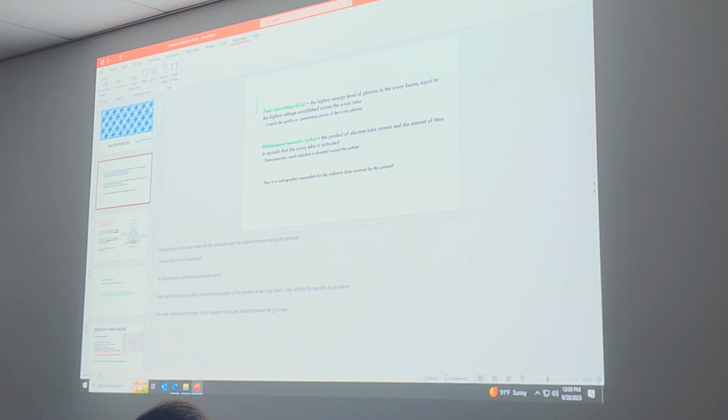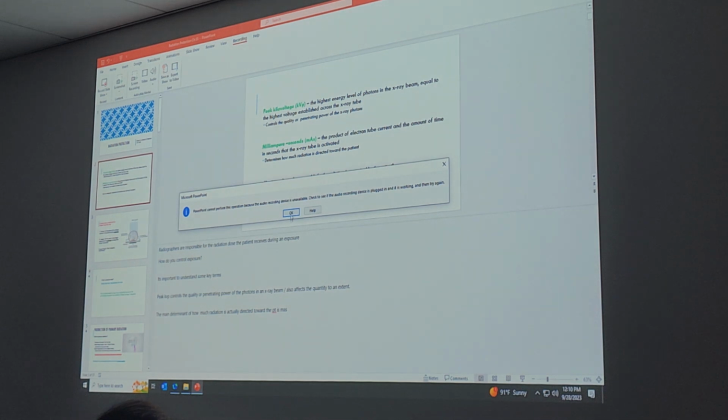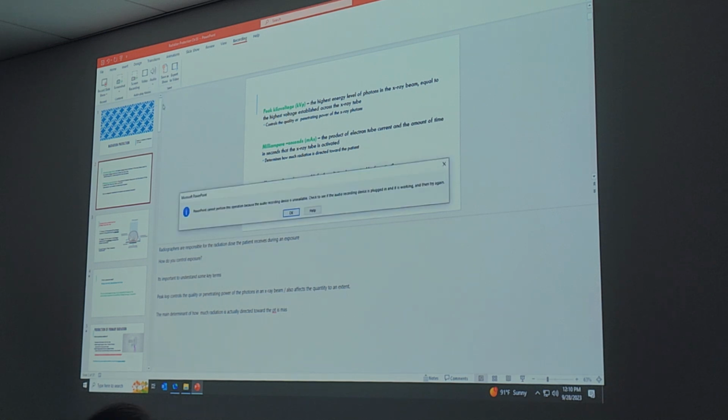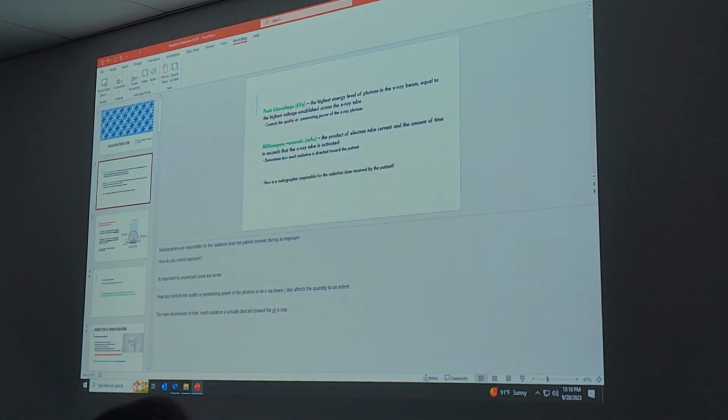Go to recording, go to audio, then record sound. You might need to add permissions. Record audio, and then you can also change the name to the slide number, whatever we're on, so that way you can go back and listen.